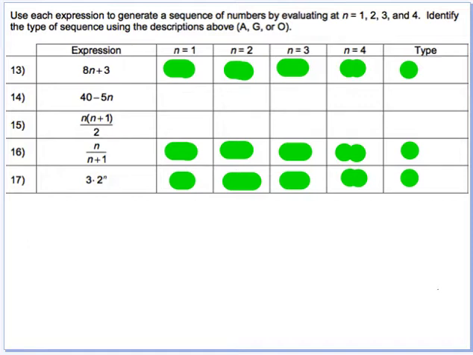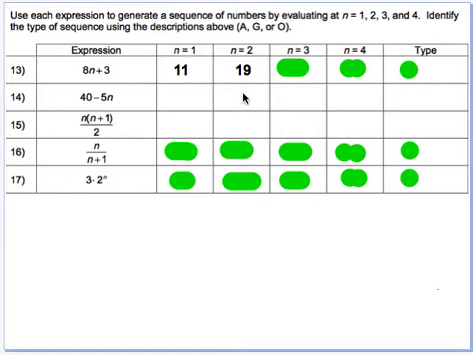All right, so let's look at this first one. You have 8n plus 3. Well, if n is 1, so my first term, I'm going to have 8 times 1 is 8 plus 3. That should give me 11. And then for my second term, I have 8 times 2, so 16 plus 3 gives me 19.